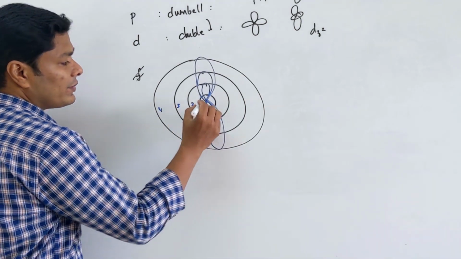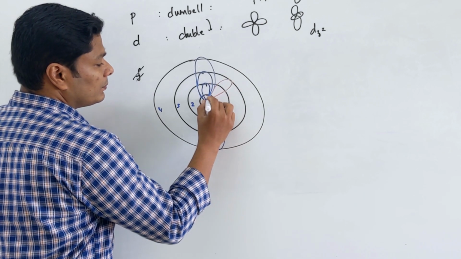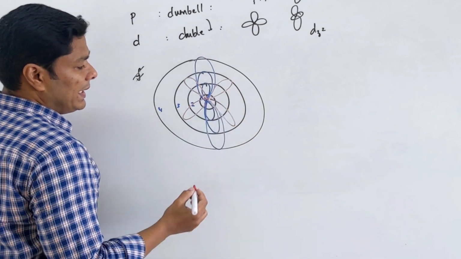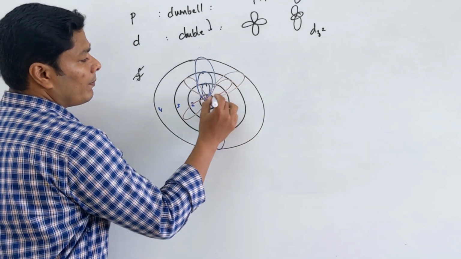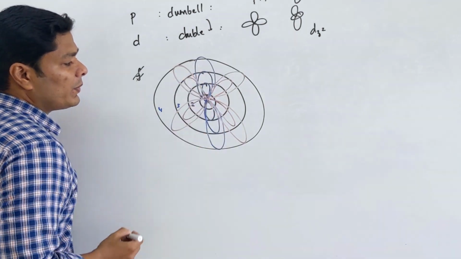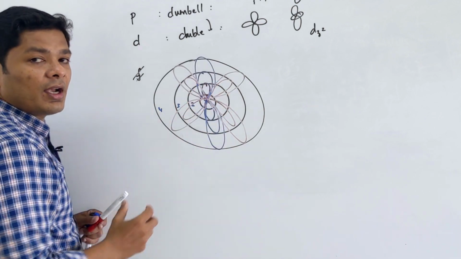First is 3d. So 3d, let's put it this way. This is 3d, then 4d. So anytime you draw a sphere, the electrons will be symmetrical.